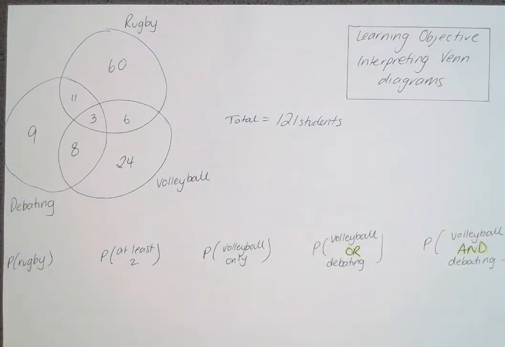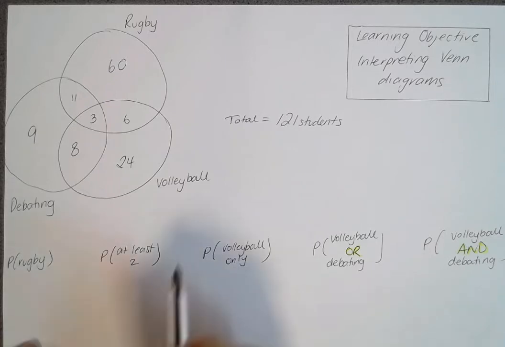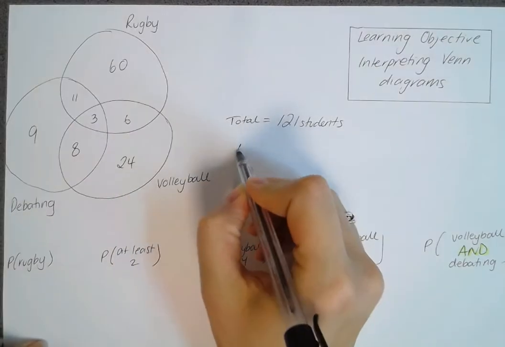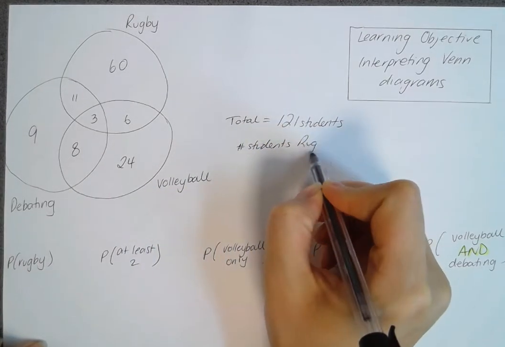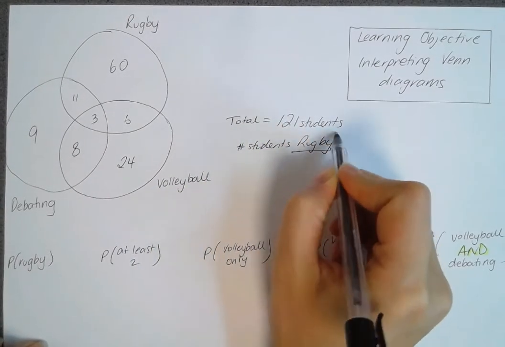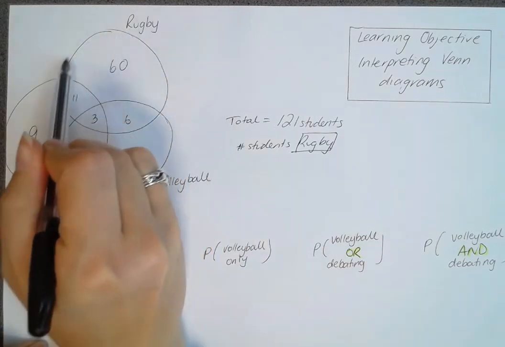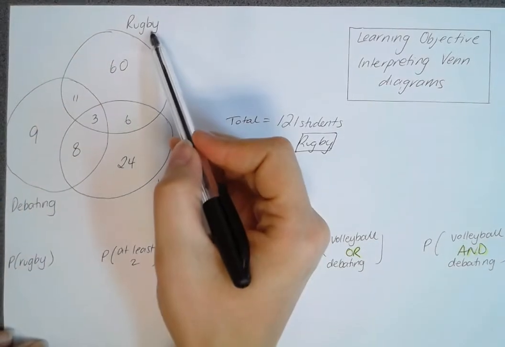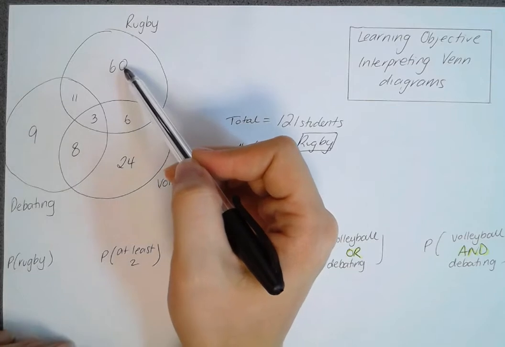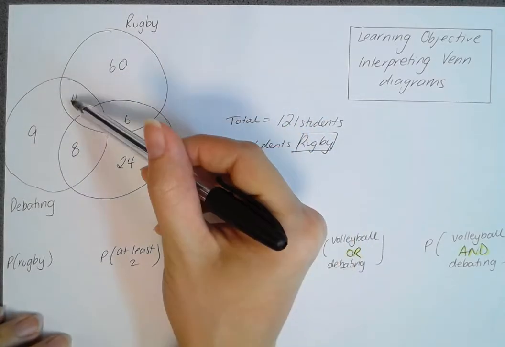So like I went out into the yard and asked them if they'd done these things. And we need to have a think firstly about the number of students who did, say, rugby. All right, let's have a look at the rugby circle, and that is everything encompassed in this circle. Even though it's nice and easy to go, oh, well, rugby's got a 60 next to it, unfortunately we have to consider these people as well.